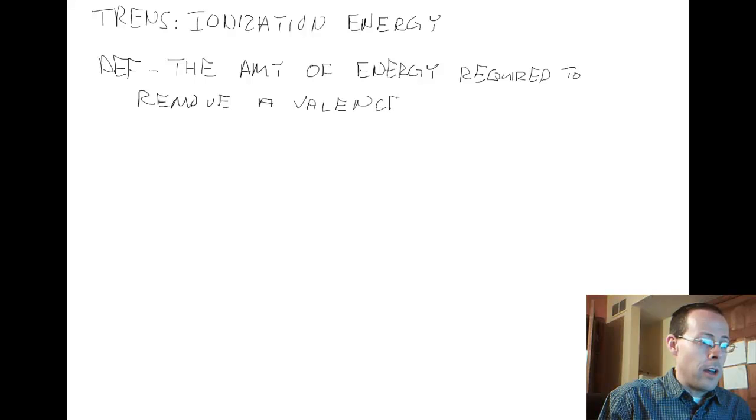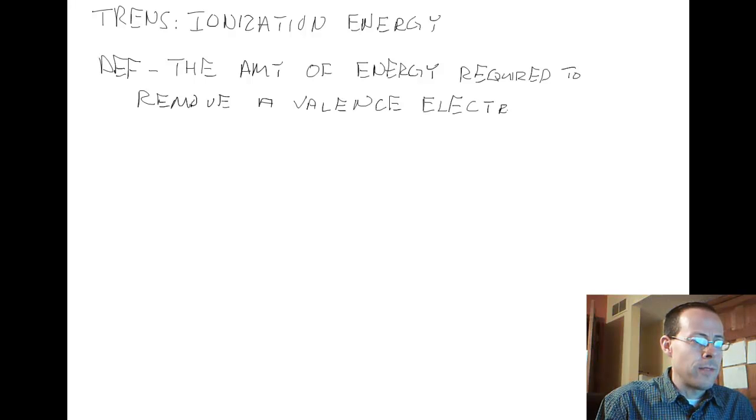And obviously when it loses that electron, it becomes an ion. It's the energy required to make something an ion, and it's always going to be a cation because we're always removing electrons.